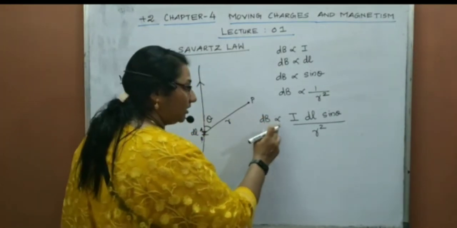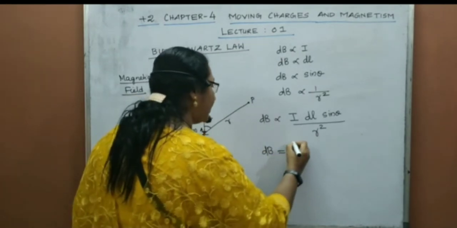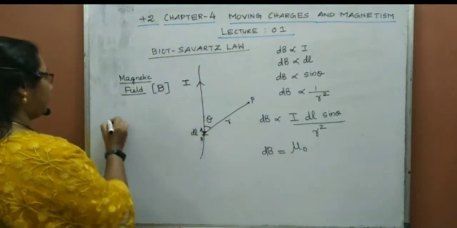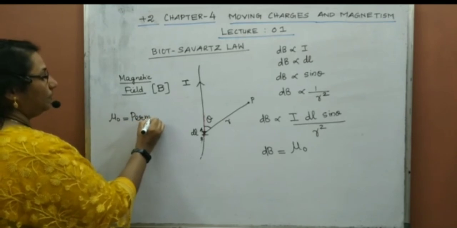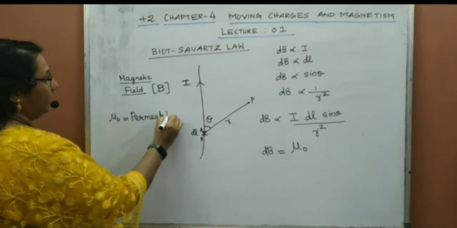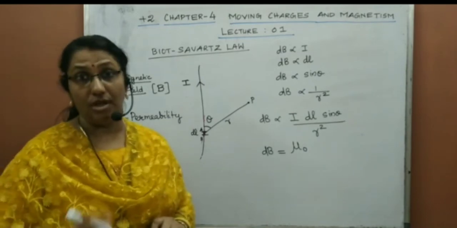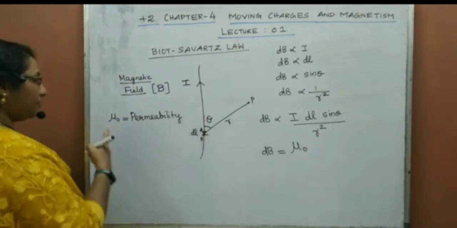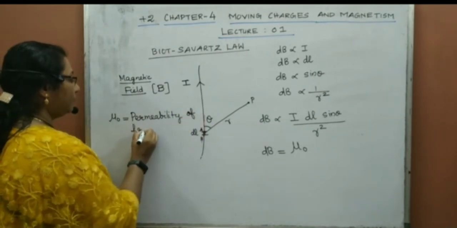And changing the proportionality, we will get a constant. And that constant is taken as mu 0, and is called the permeability. In electric field, we have studied about epsilon 0, permittivity of free space. And here mu 0 is the permeability of free space.